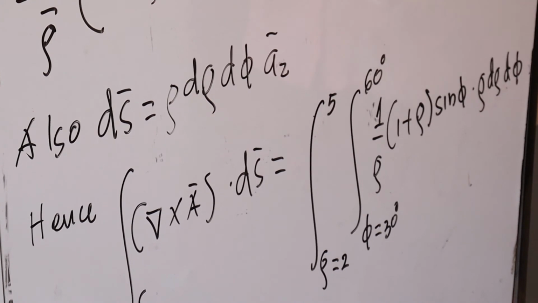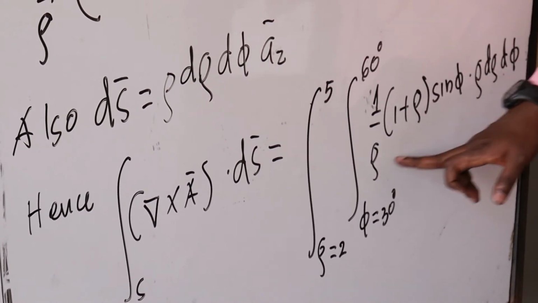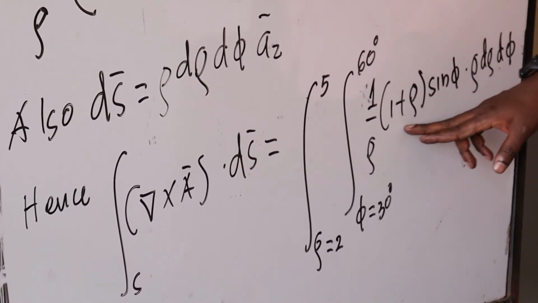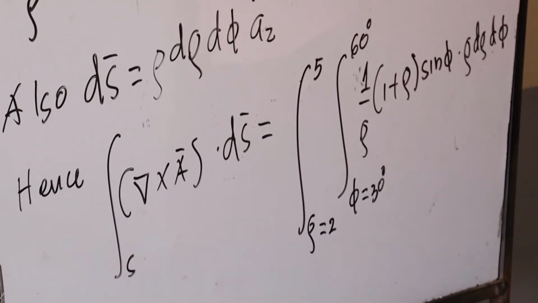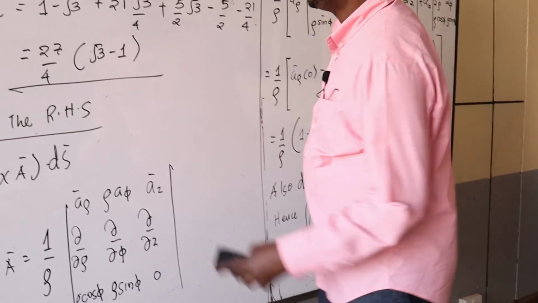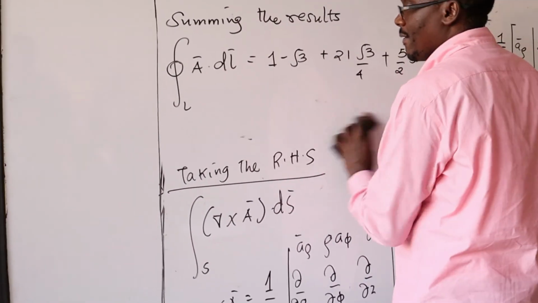Now, we can simplify that. Again, you can see this rho and this rho will cancel, and I'm left with only this term alone. So let us simplify that, and we finish our question.